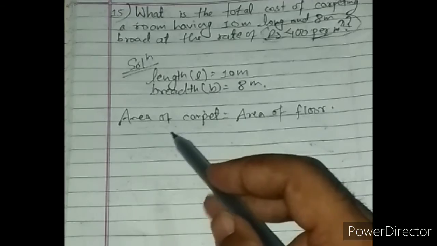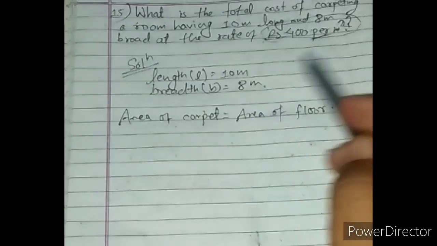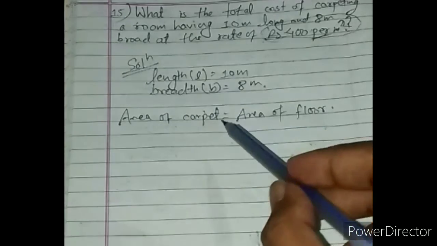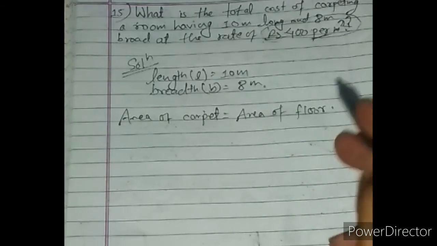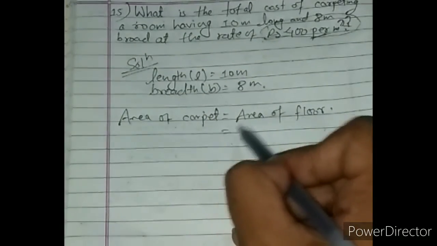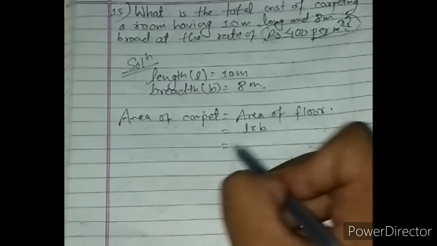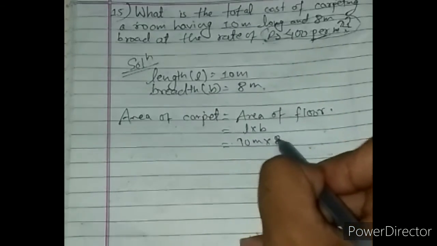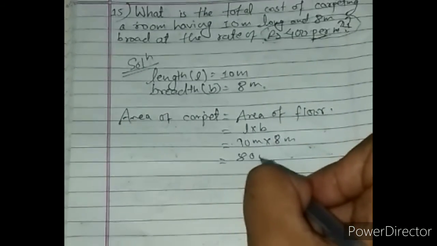Like cost of plastering on the wall, then we plaster on the wall, so area of 4 walls is required.